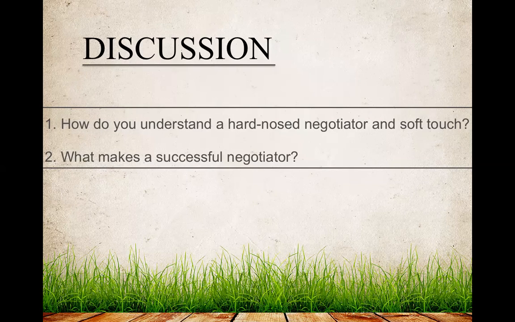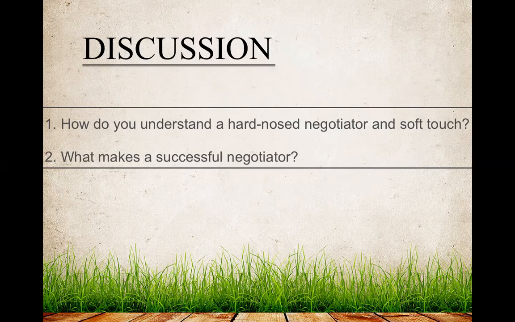According to this one, I would like to give you a general view of negotiator. There are two terms relating to this: hard nose and soft touch. For the first one, hard-nosed negotiator. In this case, it is a decisive person who you will find complicated to persuade.